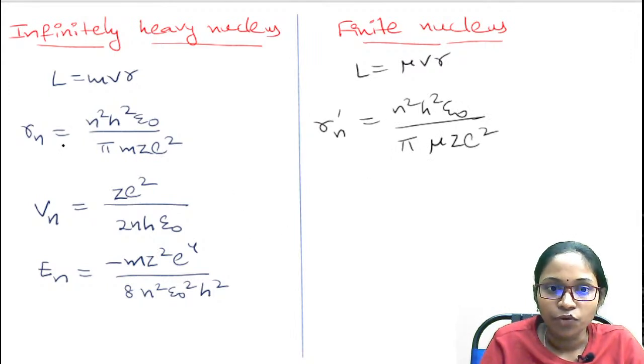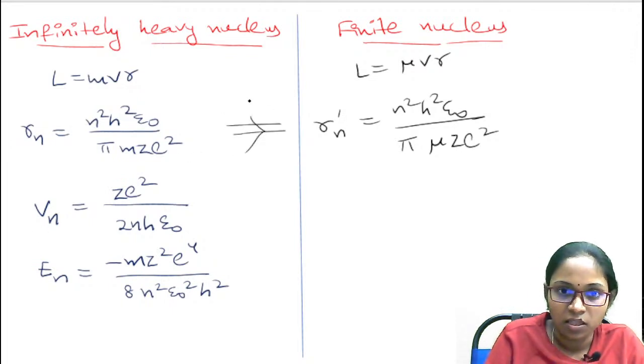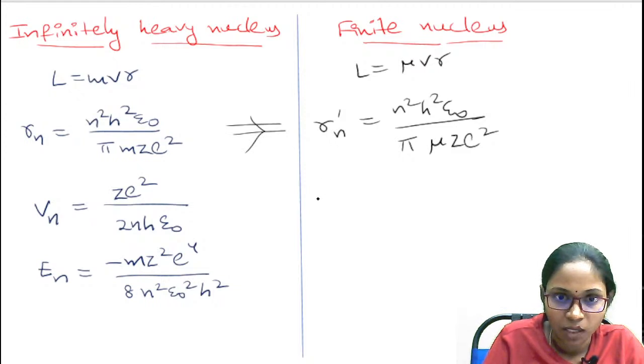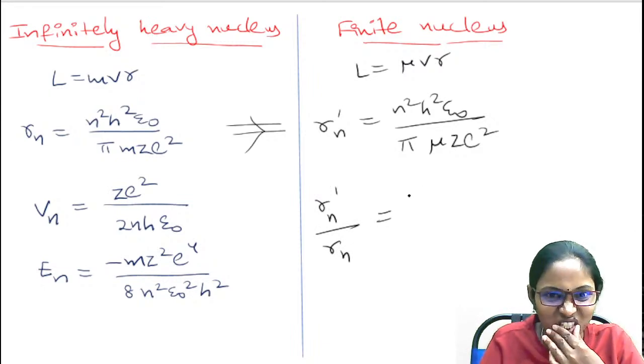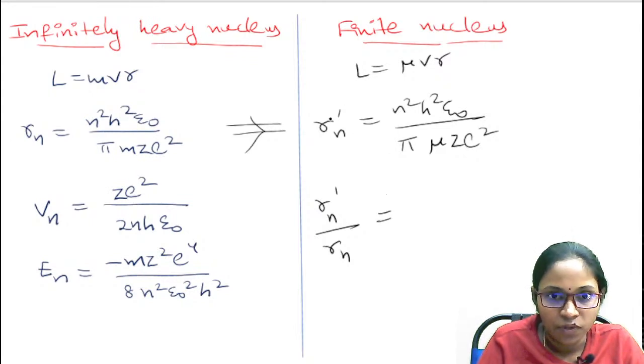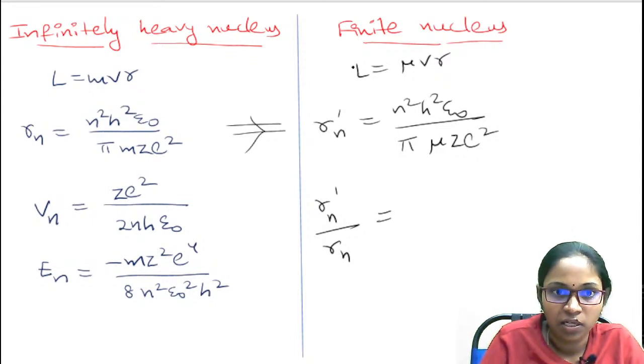If you relate both these equations, I just want to divide them to find the relation between the radius of the nth orbit for finite and infinitely heavy nucleus.